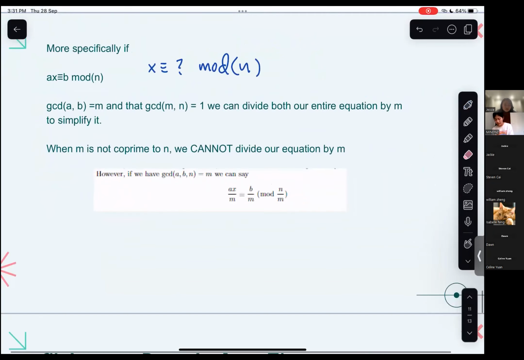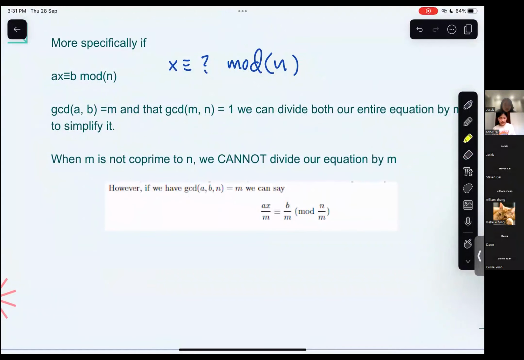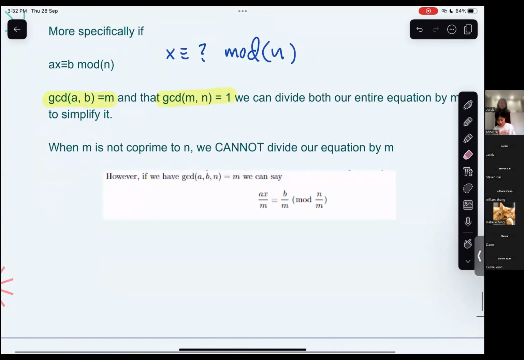And we also know that the greatest common divisor of a and b is equal to m, and the greatest common divisor of m and n is 1, which means that they're co-prime, right? So co-prime, or relatively prime, refers to when the GCD between the two numbers is 1. So they don't have any common divisors except 1.